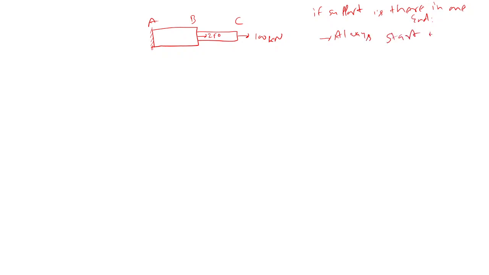Don't try to start this way, otherwise you have to suppose one reaction, because you don't know how much the reaction is. If you start from here, you will know the value of the reaction automatically.